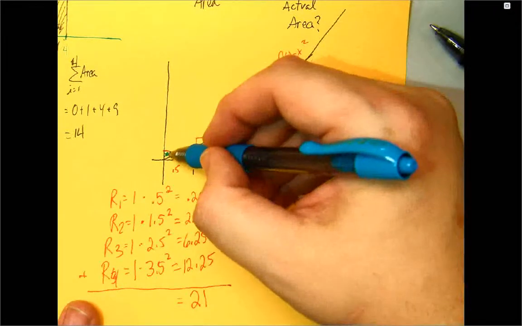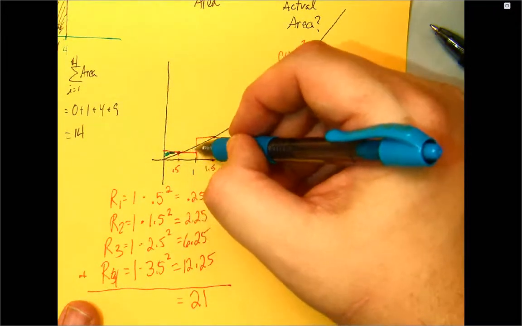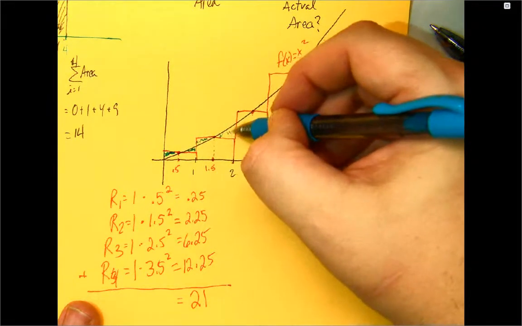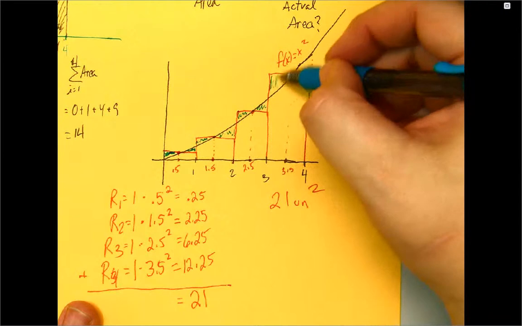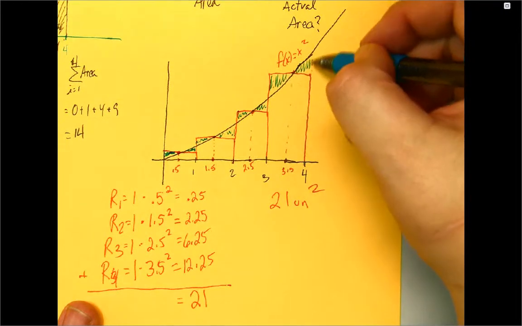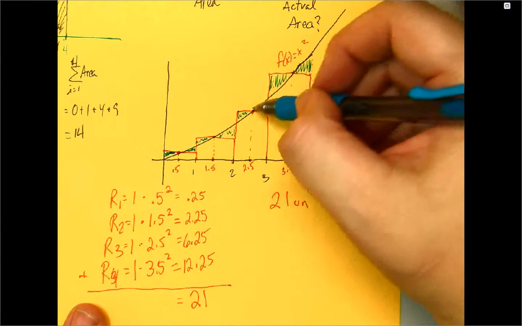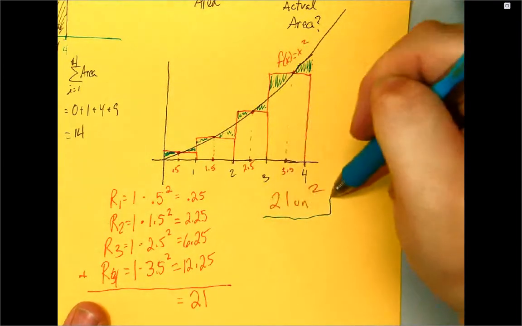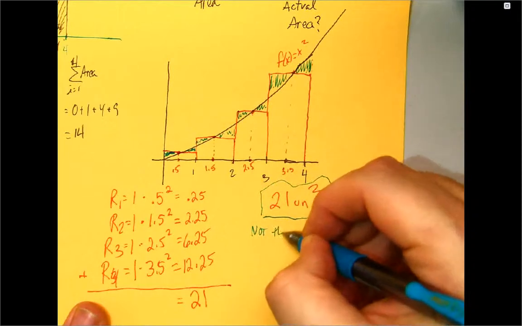A little bit above, a little bit that it's missing out on. So these don't exactly cancel each other out, and this isn't accurate. This is not the exact area. But it's a lot better of an estimation.